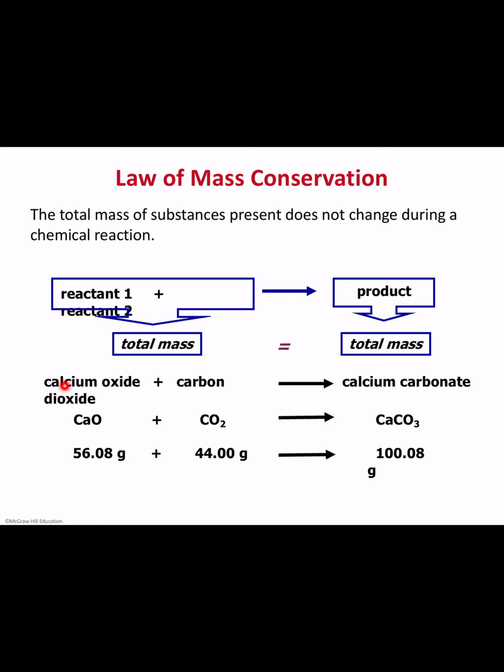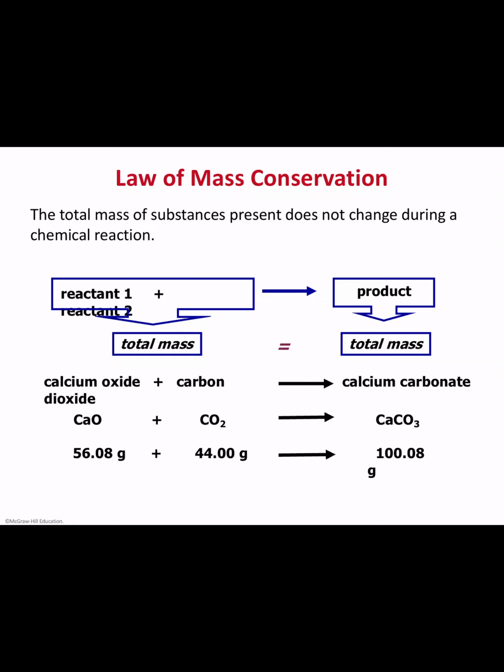Okay, so calcium oxide is this one, carbon dioxide is this one, and it's going to form calcium carbonate. If you look at the mass, calcium oxide 56.08, carbon dioxide 44, and calcium carbonate is 100.08.